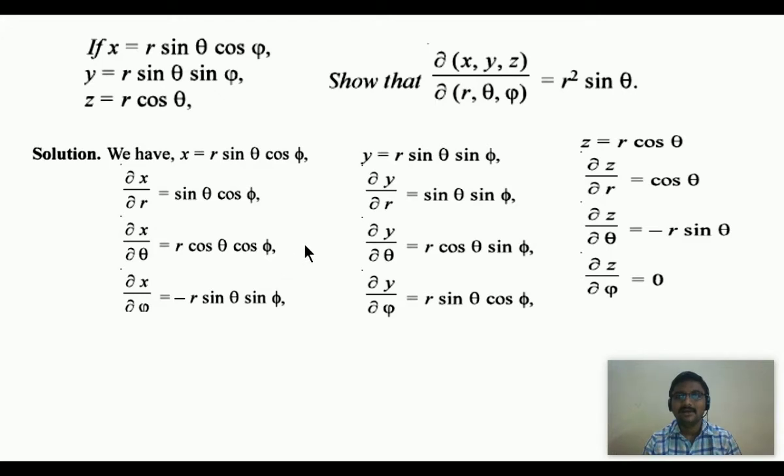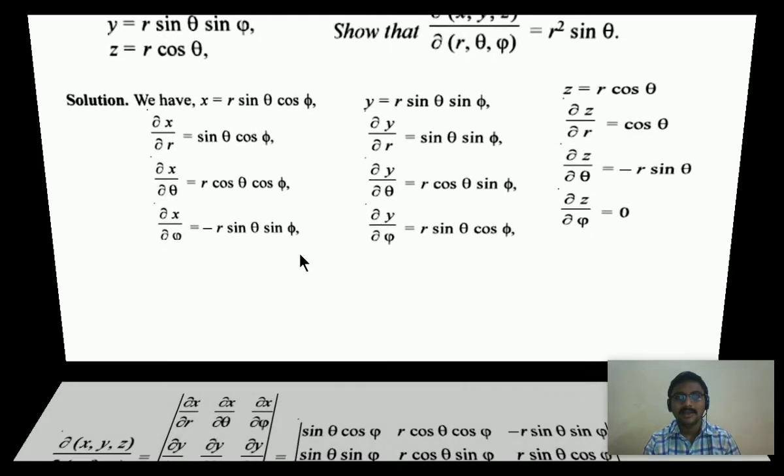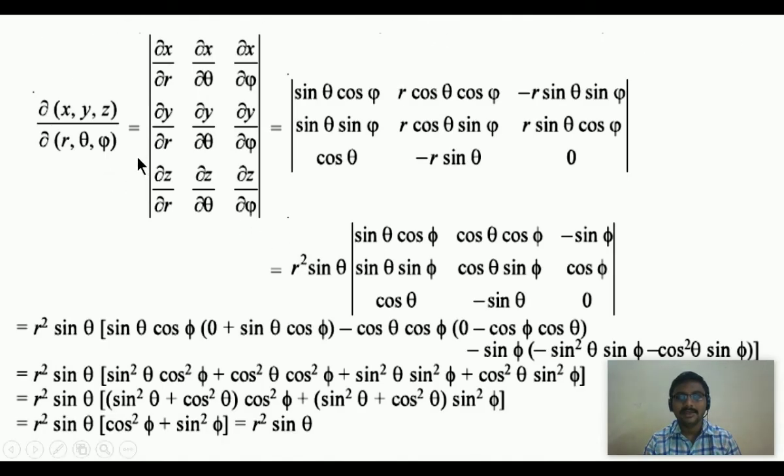So evaluating all these partial derivatives and now using the formula for dou of (x, y, z) by dou of (r, theta, phi), substituting all the above values. Now take r common in the second column, and in the third column we will have r square, and take sin theta common in the third column. So thus we will have r square sin theta as the common factor, and then evaluating this determinant and simplifying, we will get like this.